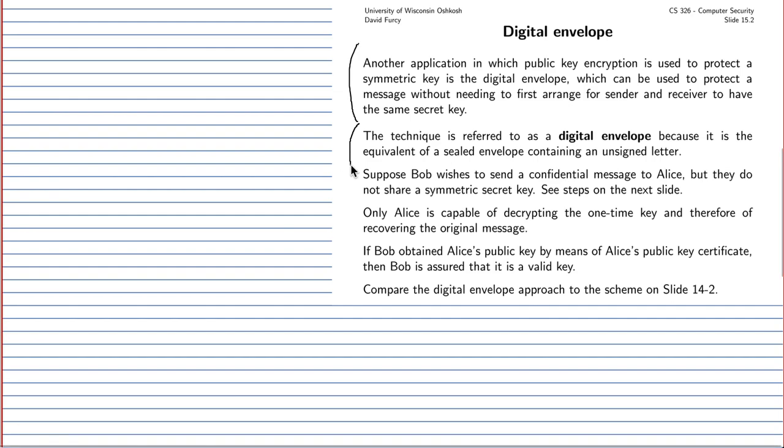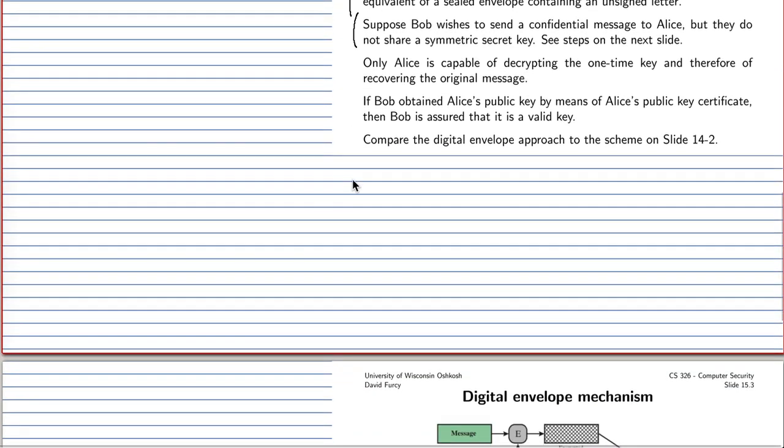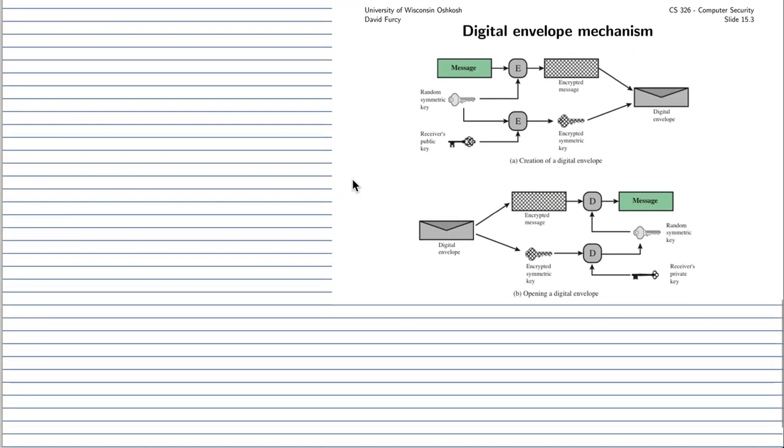So assume that Bob, the sender, wants to send a confidential message to Alice, the receiver, and they do not share a symmetric or private key before initiating this process. On the next slide, we're going to see the details of the mechanism for the digital envelope. So on this side, we have the sender, and the sender is going to perform a sequence of steps. First, there is a setup step that will include three components.